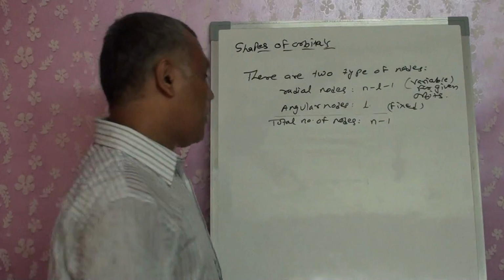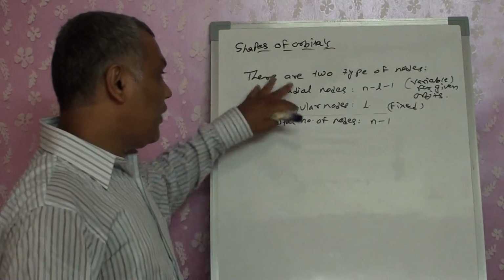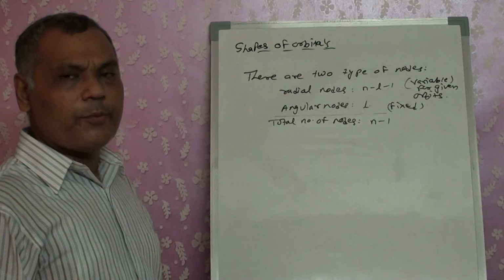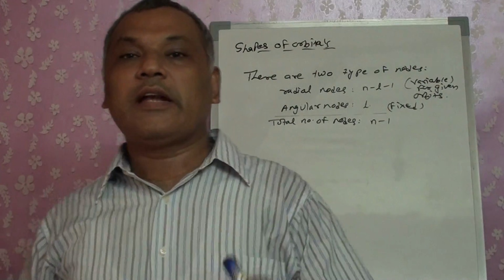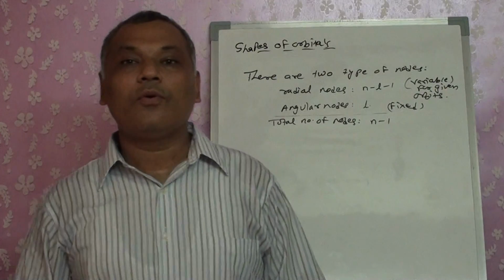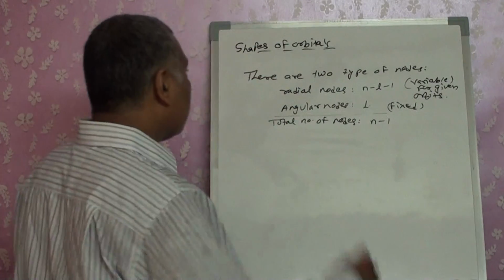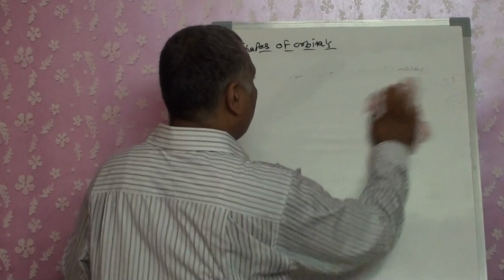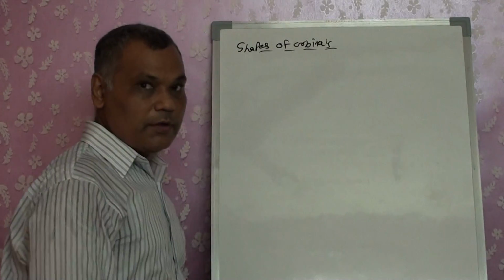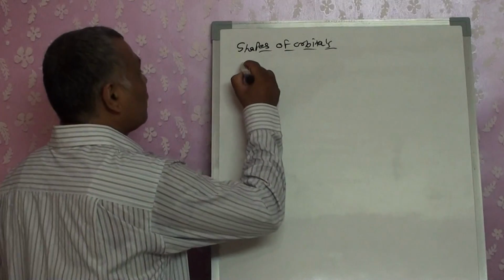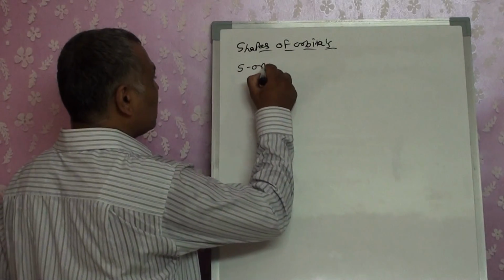Right? Okay. Now, the nodes are where the probability of finding the electron around the nucleus is 0. They are known as nodes or nodal planes. Now let us see the shapes of the orbitals.